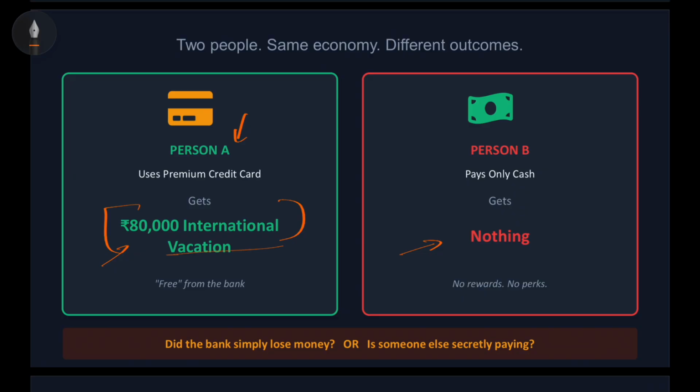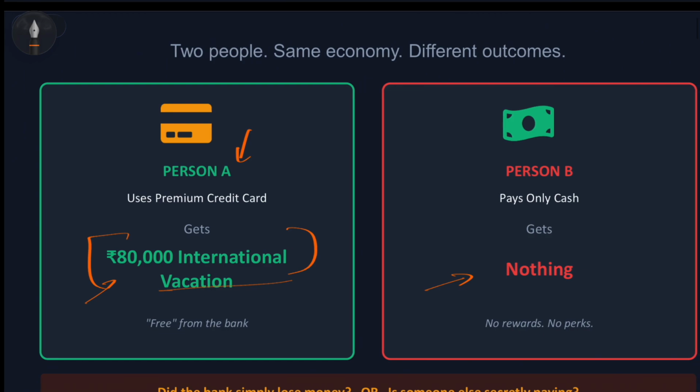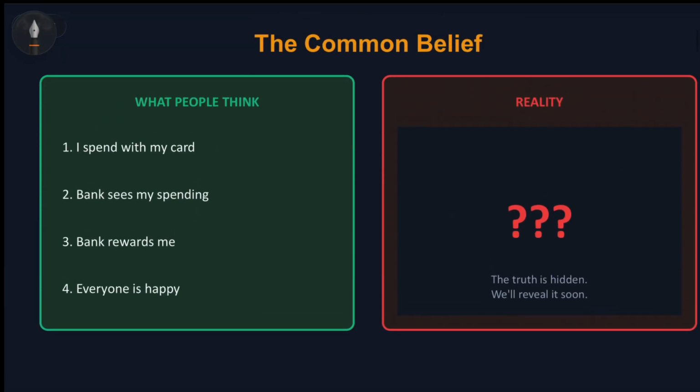Whereas in person B, they have to reward him nothing, right? But do you think that's actually the scenario? I don't think so. So, don't you think that there is someone else who is actually paying these rewards to that person? Let's figure it out, right?